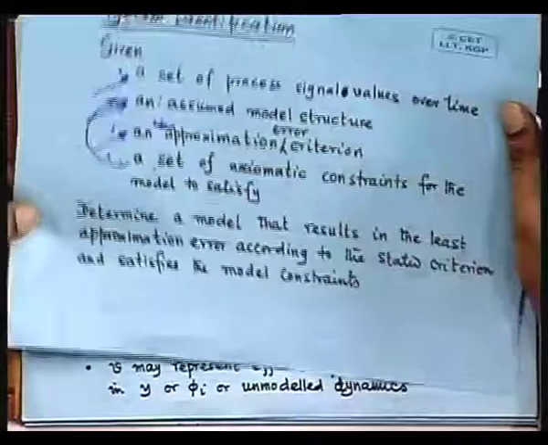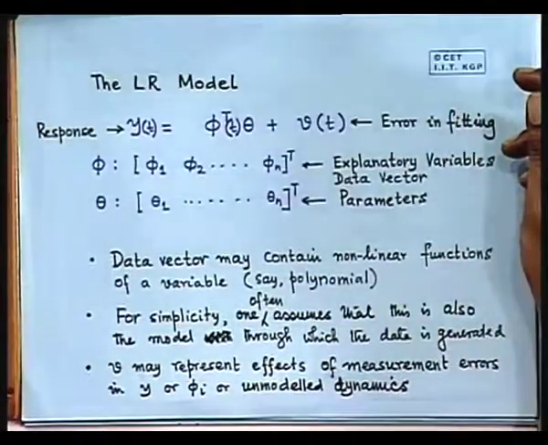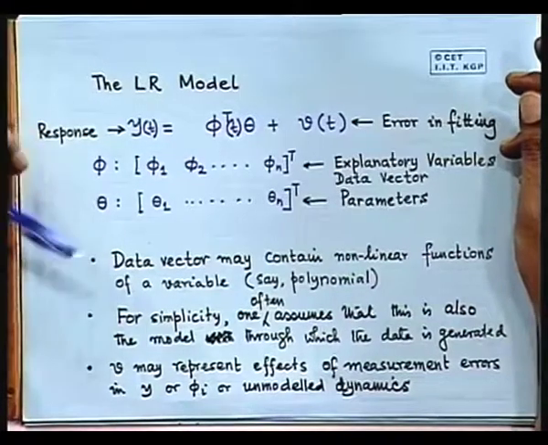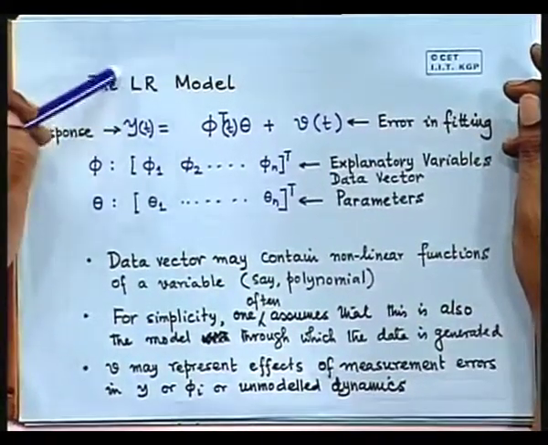Okay. But before that, actually this problem is much more general, and that's why we want to look at it as a linear regression. Remember that one of the first system identification exercises which probably all of us have done in school is when we tried to do some experiment in the physics lab or in the chemistry lab, and we got some points and we tried to fit a line through those points.